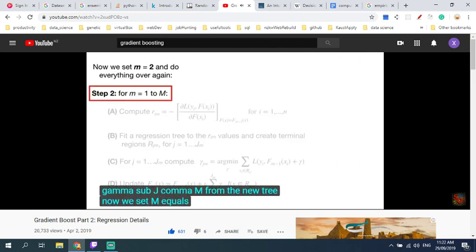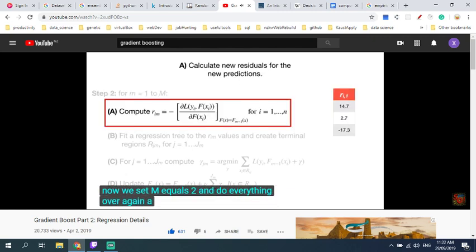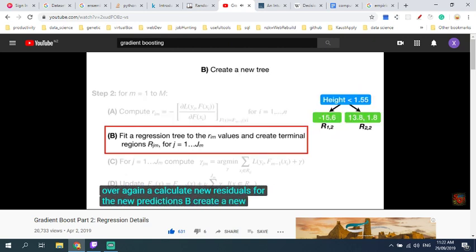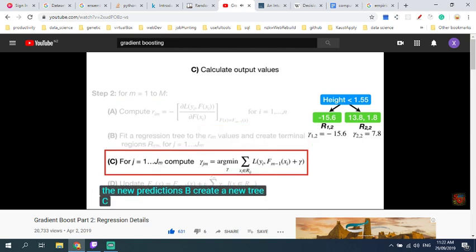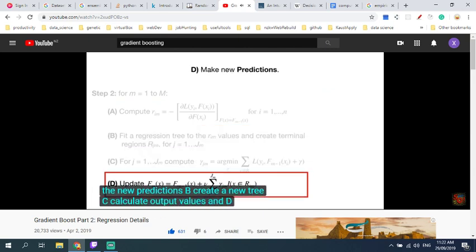Now we set m equals 2 and do everything over again. A. Calculate new residuals for the new predictions. B. Create a new tree. C. Calculate output values. And D. Make new predictions.